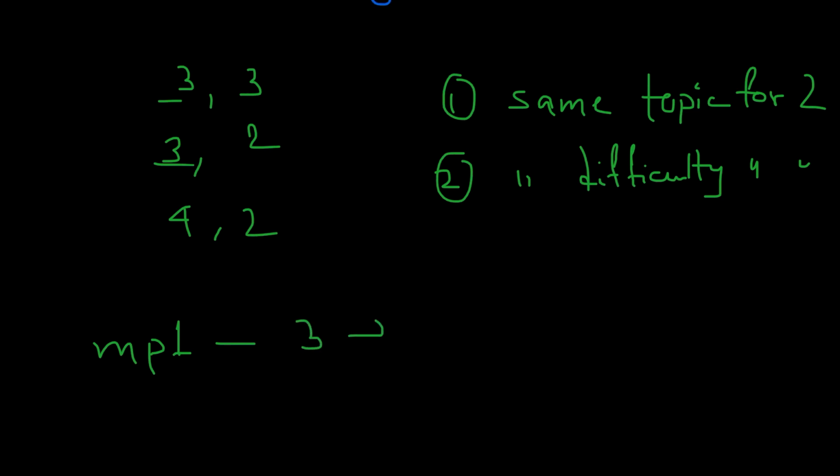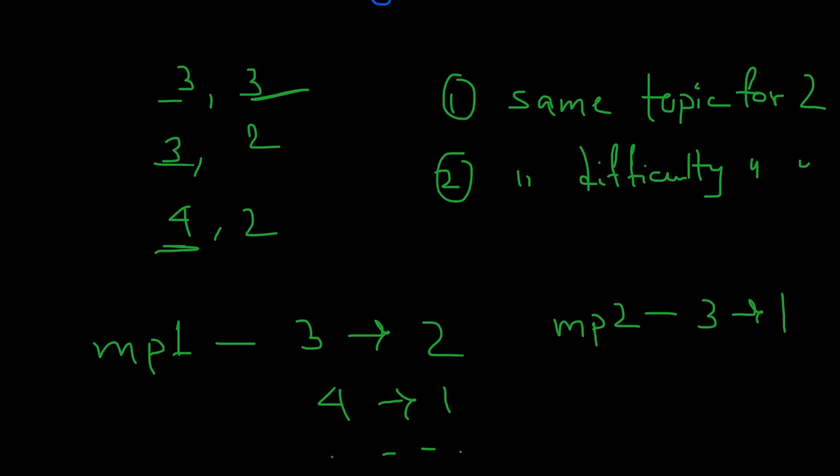For three there are two problems, for four there is one problem, and so on. There will be more problems in the question. And similarly for difficulties, I will name it MP2. In MP2 I will store how many problems there are for each difficulty. Difficulty three has only one problem, and for difficulty two, there are two problems. So that way I'll count them.